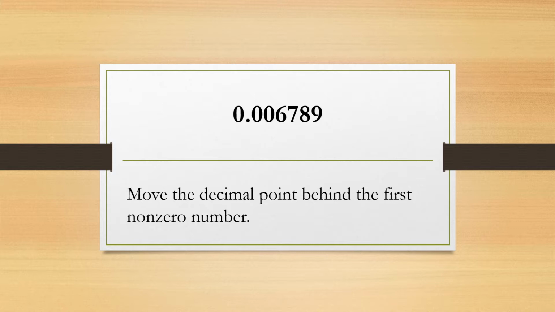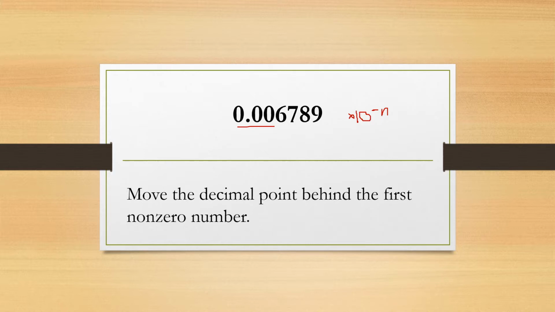So we know that when we write the times 10 and put an exponent on it, the exponent is going to be a negative n, because the number is smaller than 1. It's a decimal number.